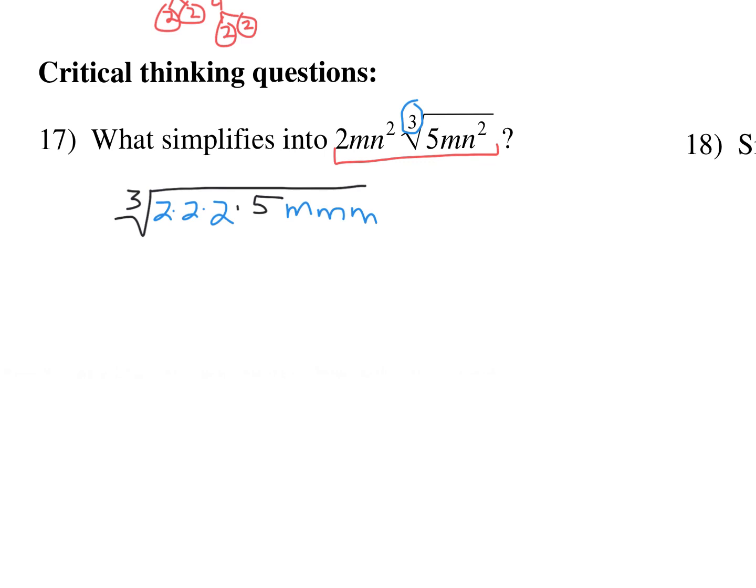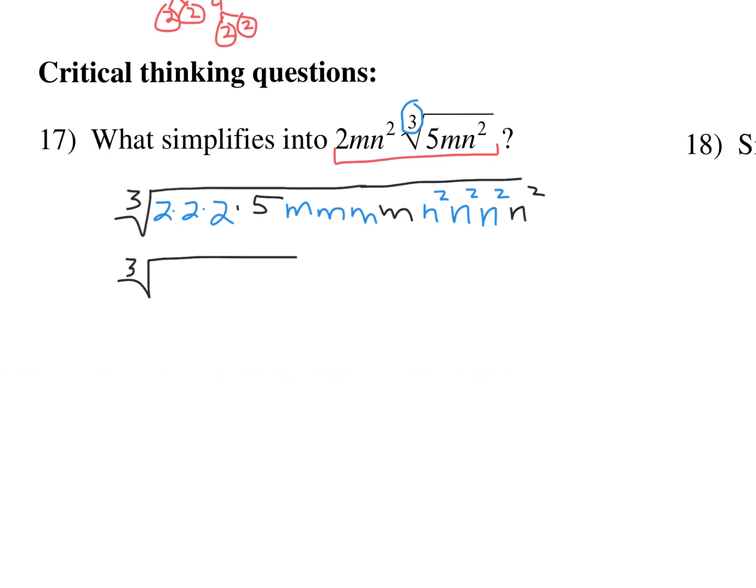And then we have this 1 m left over. So there's another m underneath there. And then we would have had to have 3 n squareds. So n squared, n squared, n squared, and then we have a single n squared left over. So that's one way that you could do this.